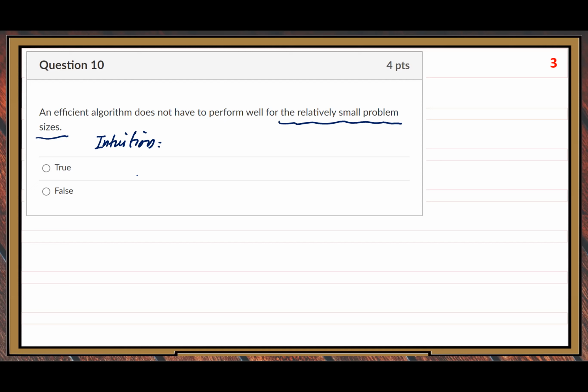Let me just write the meaning in a short way.